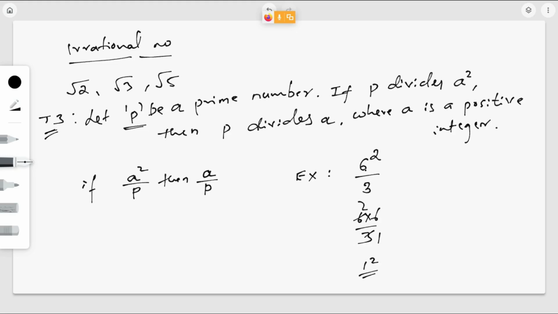If 3 divides 6 square completely, then 3 also divides 6. 3 ones are, 3 twos are. You will get 2 here. Take any number. If 3 divides a square, then definitely 3 will divide a. Any other example?